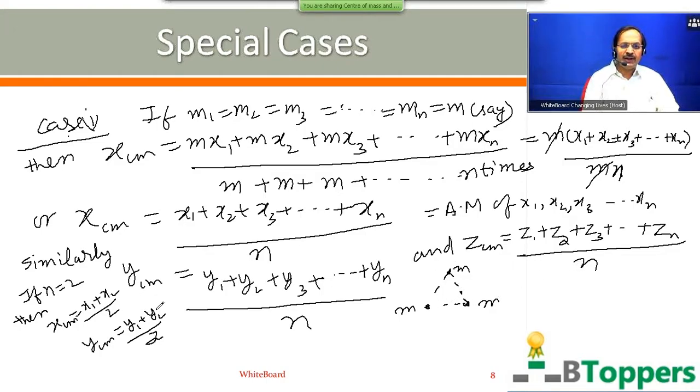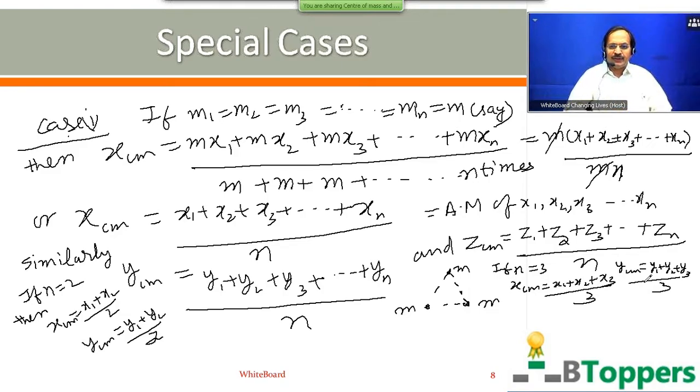If n equal to 3, then the x coordinate of center of mass will be given by x1 plus x2 plus x3 by 3. Similarly, the y coordinate of center of mass will be y1 plus y2 plus y3 by 3. The same way, the z coordinate of center of mass will be z1 plus z2 plus z3 by 3.